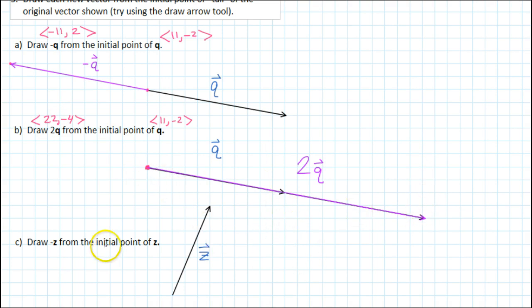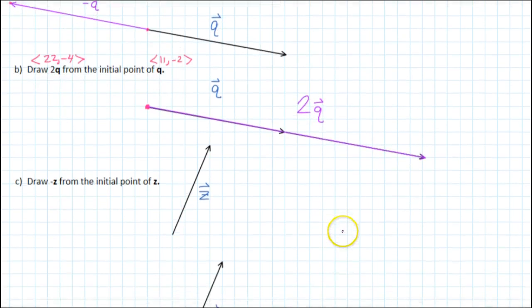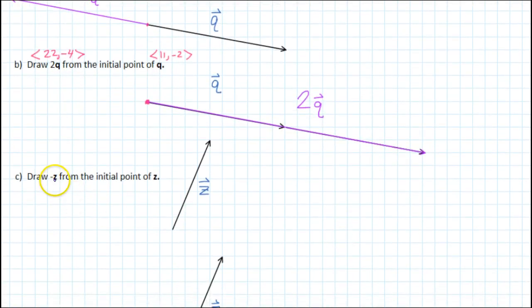Now for part C, I'm supposed to draw negative vector z. So here's an image of vector z. Vector z is over 3 and up 7, so vector z is the vector 3 comma 7.